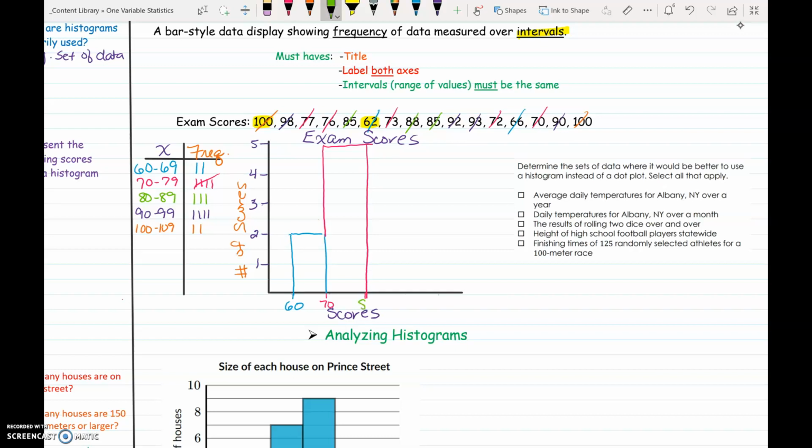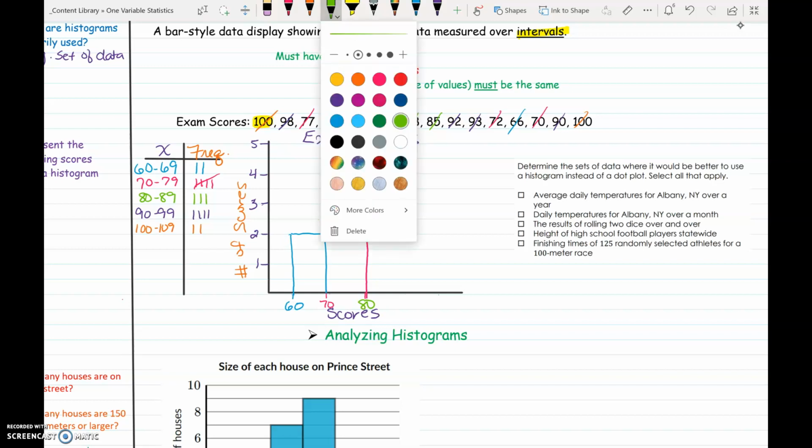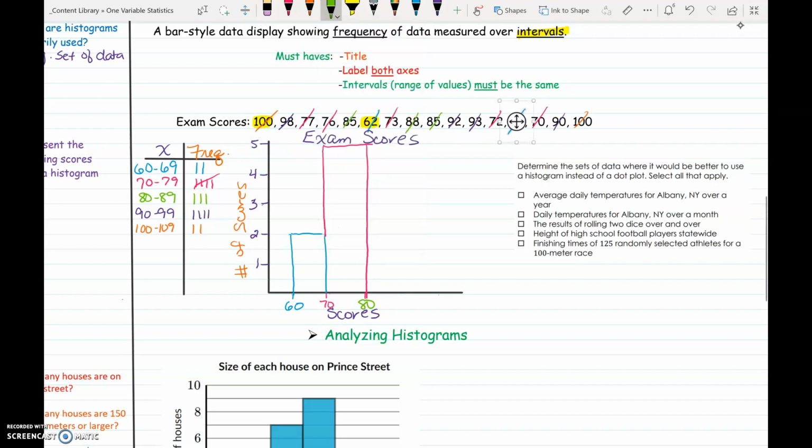And then I pick up at 80. So when you're reading these, within this bar, it's 60 to 69. 70 does not start until the next bar. 80 won't start until the next bar. That is something where people get a little confused sometimes. All right, so from 80 to 89, we got 3 people.